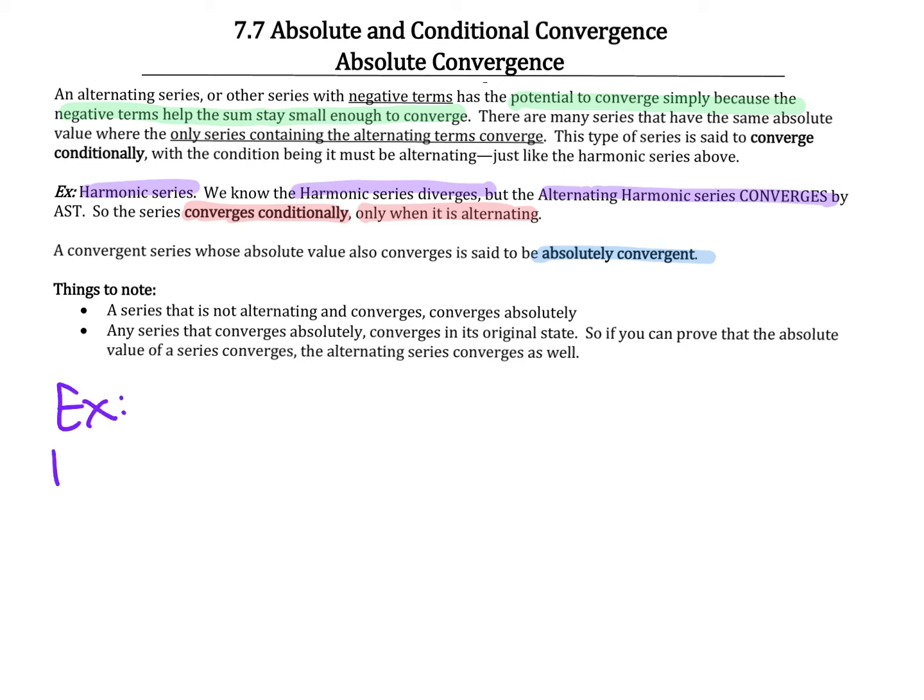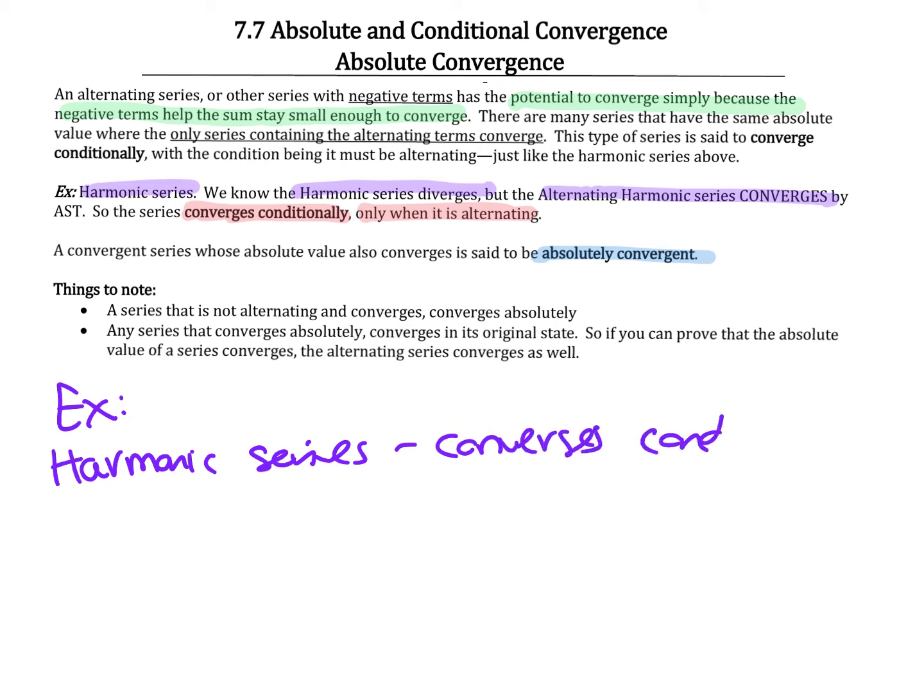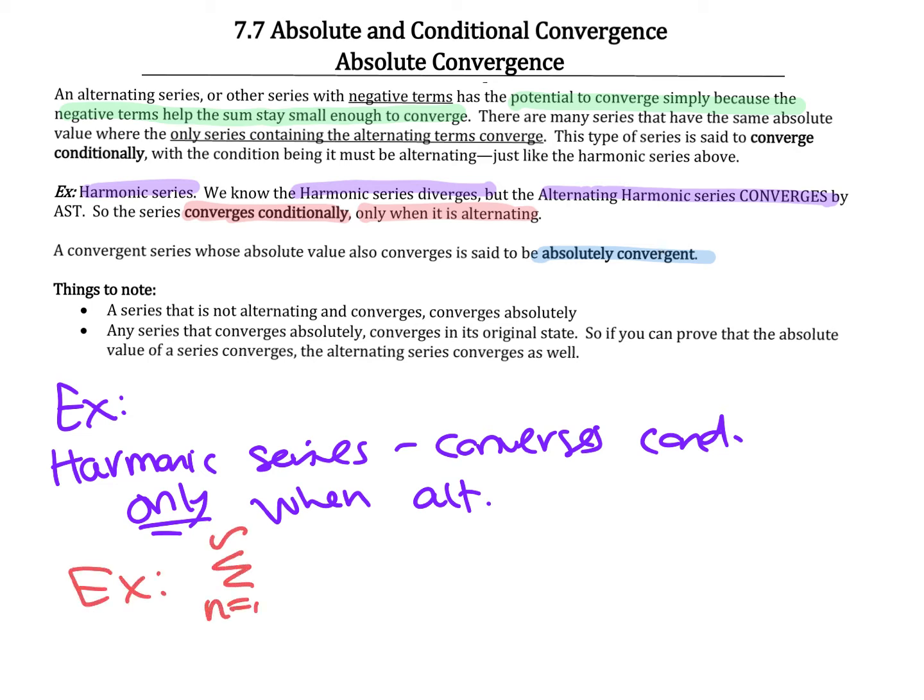We just said the harmonic series converges conditionally only when it's alternating. When all the terms are positive, it does not converge. But if we looked at a series like the sum from n equals 1 to infinity of 1 over n to the third, whether or not this series is alternating, it's going to converge by the p-series test.